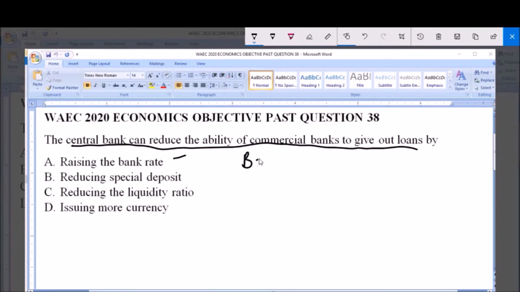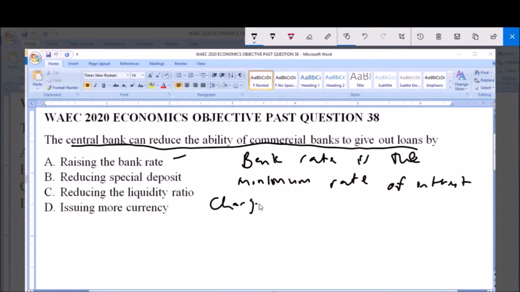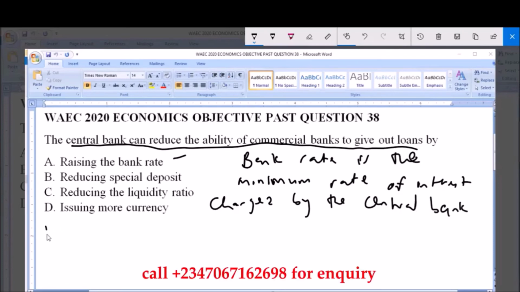Now, bank rate is the minimum rate of interest charged by the central bank for discounting bill of exchange.